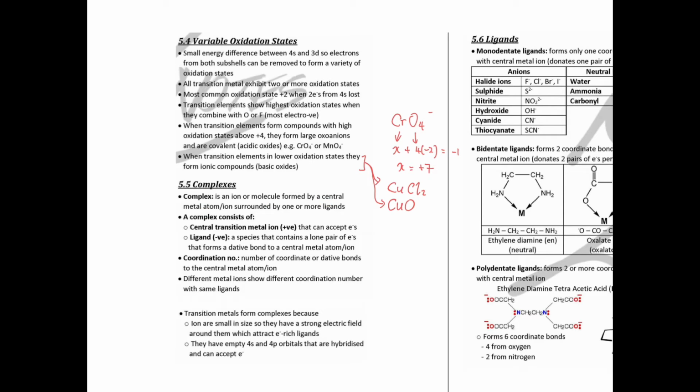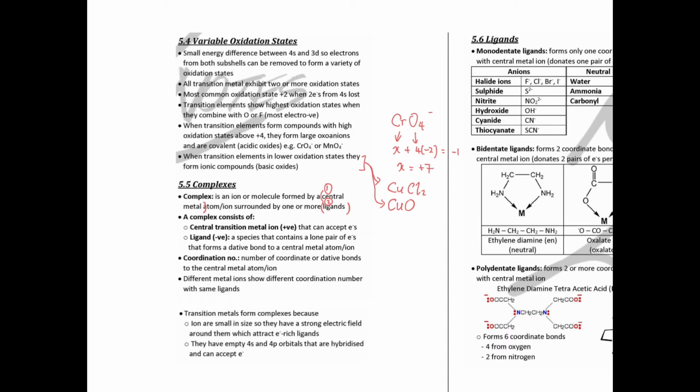Basically, a complex consists of two parts. The first part is the central metal. The second part is the ligand. So these are the two important structures that form a complex.